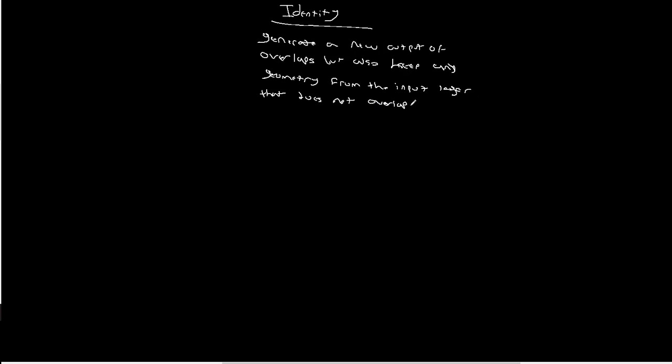So you're generating output of overlaps just like with intersect, but you're also retaining the geometry of the input layer that does not overlap.